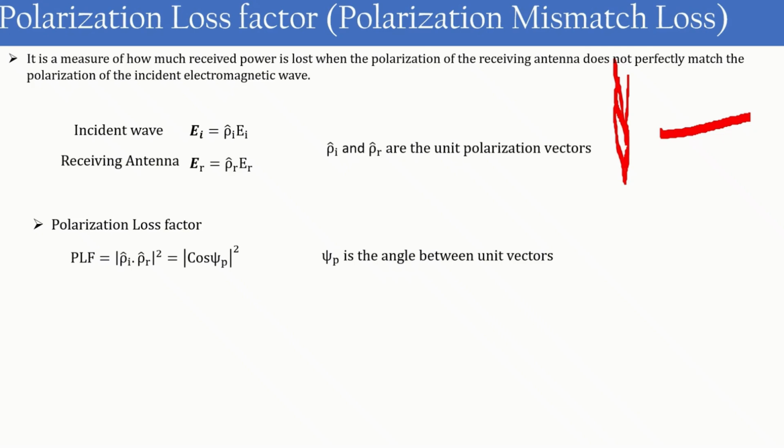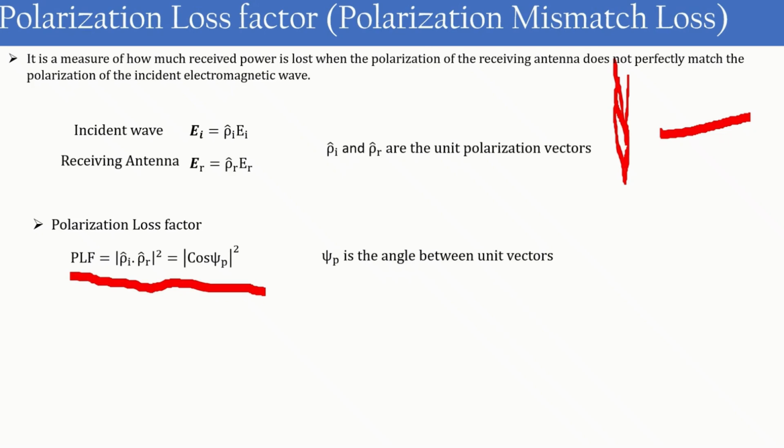If the angle between rho_i and rho_r is phi_p, it can also be written as cos squared phi_p, because we know that A dot B equals AB cos theta, and here in this case rho_i dot rho_r equals cos phi_p. Since rho_i and rho_r are unit vectors, their magnitude is 1, which results in cos squared phi_p. So this is the expression for polarization loss factor.